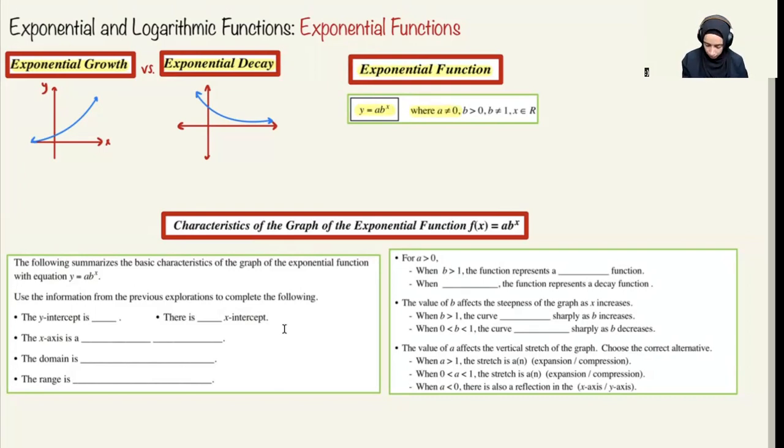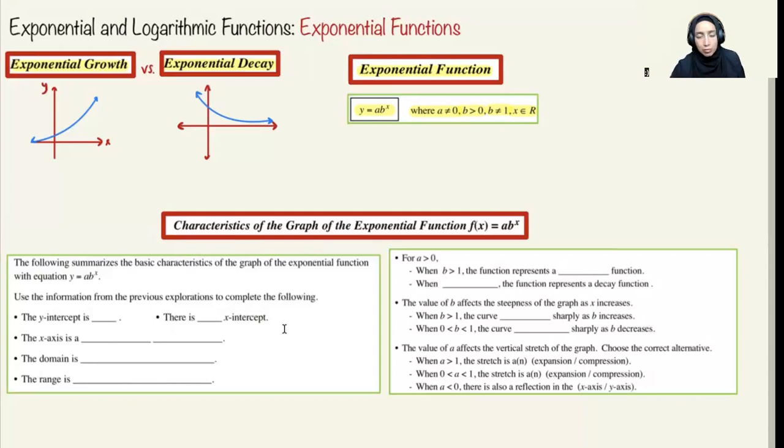So a cannot equal 0. b has to be greater than 0, and b cannot equal 1, and x is an element of the real numbers, so I have to raise it to a real number. We can see that the base of this exponential form has to be greater than 0. I'm not looking at negatives. We're talking about positives.